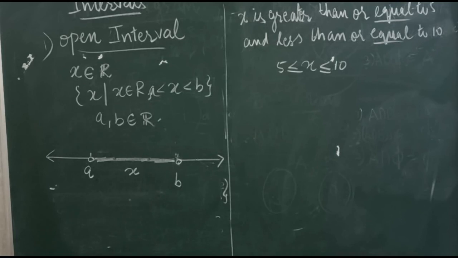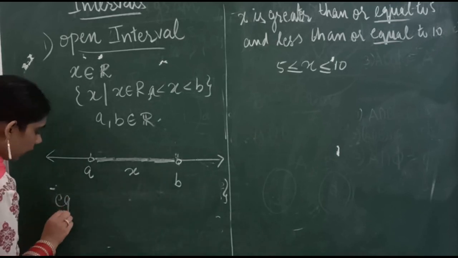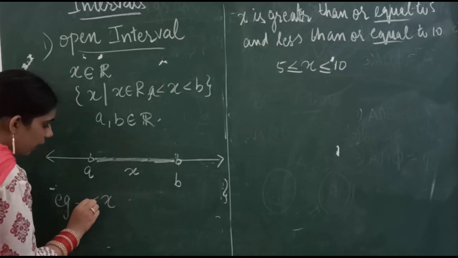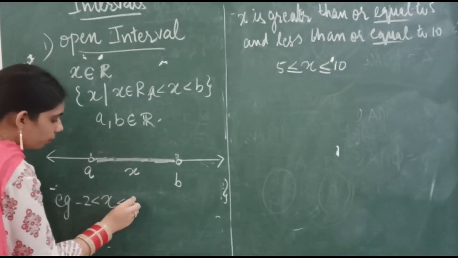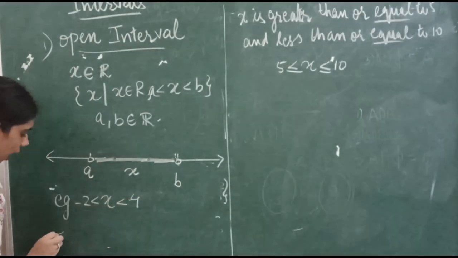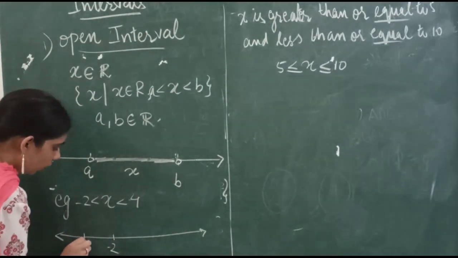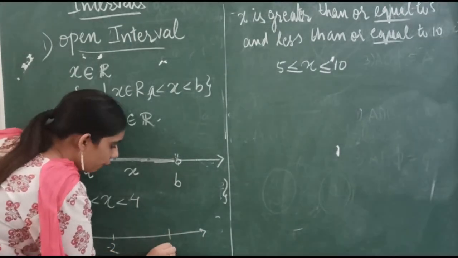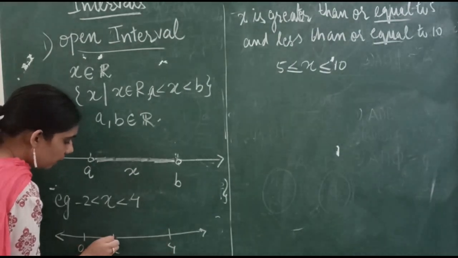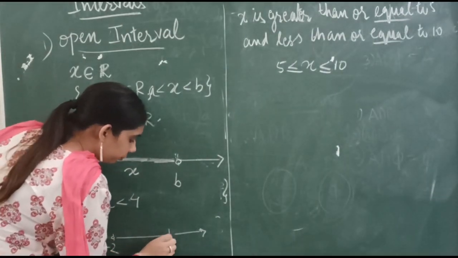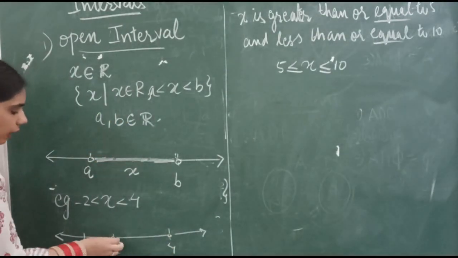Now let us take an example that x lies between 2 and 4. How will I represent it on a number line? Open hole here.